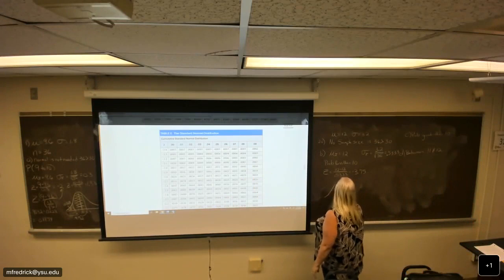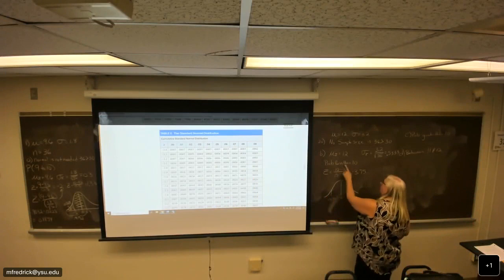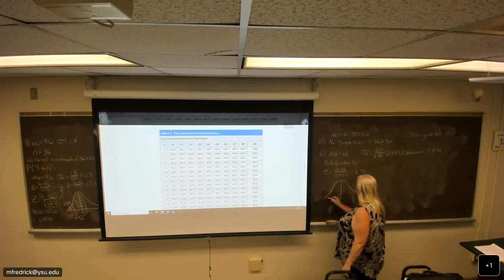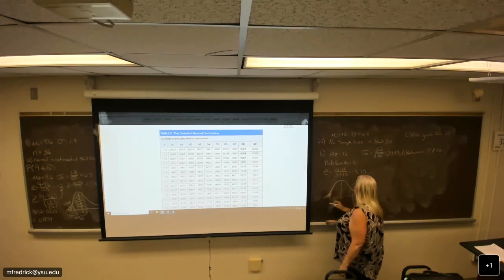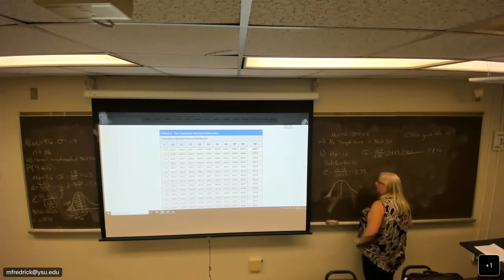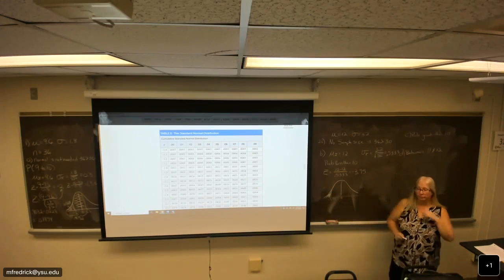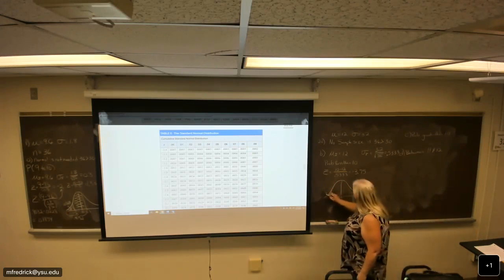Let's put where the 0 goes. So we were looking for less than 10, so it'd be here. Using the table, it would be 0. That would be the percent here.